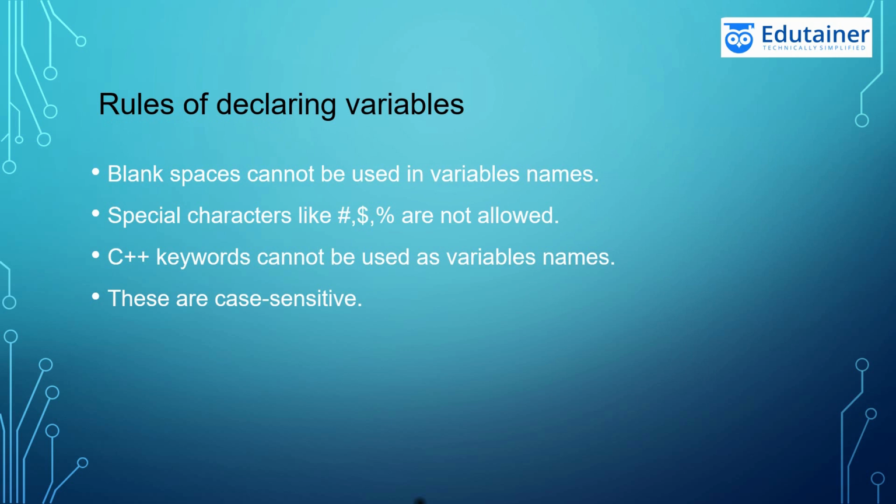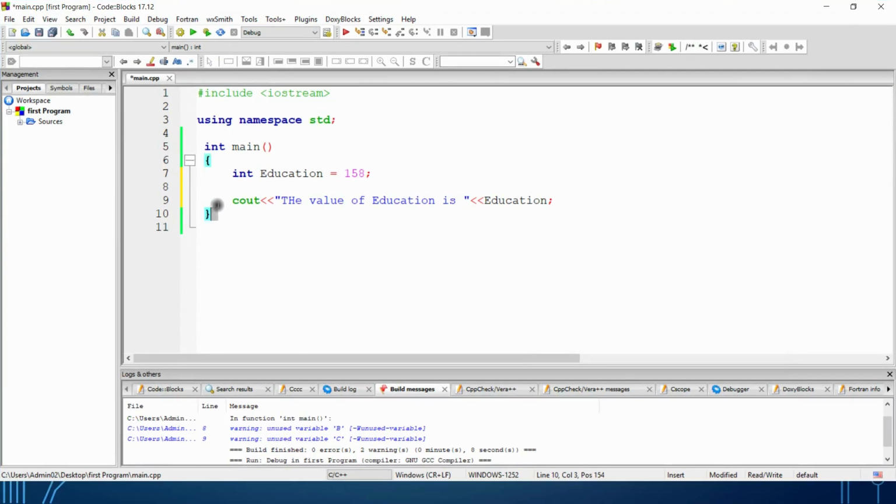So now we will be moving to Code::Blocks to have a hands-on practical. So I will be declaring the int main, that is the main function I am defining over here, opening the curly braces. Now I will be declaring some of the variables having the data type of integer. Right now the variable is area having a value of 85.